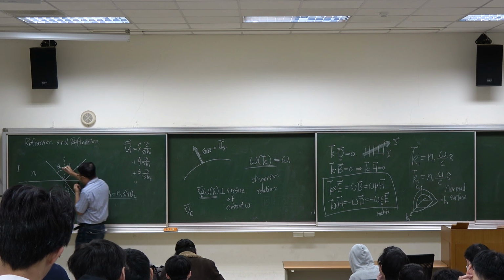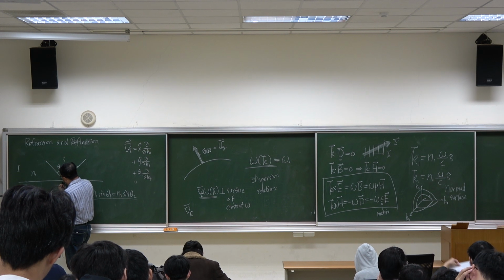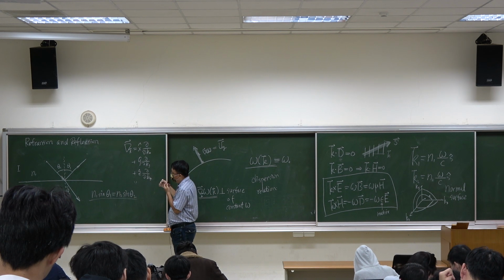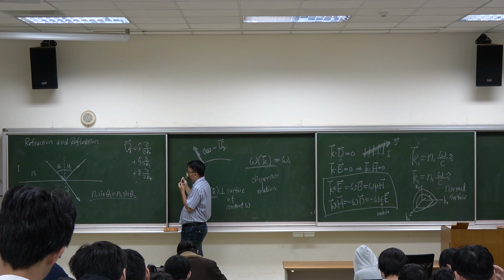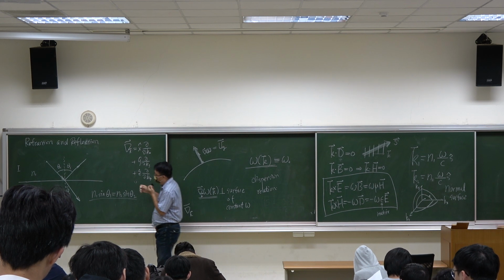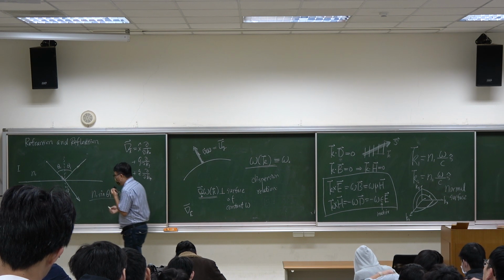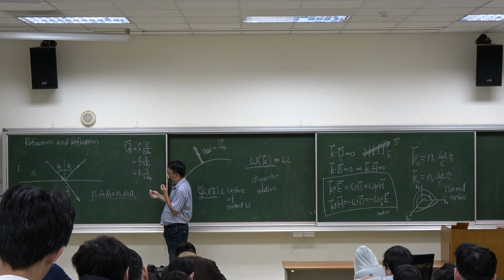If you consider a direction of path deviated from the correct one a little bit, then destructive interference becomes too large. Then you will not see clear energy aggregated there.